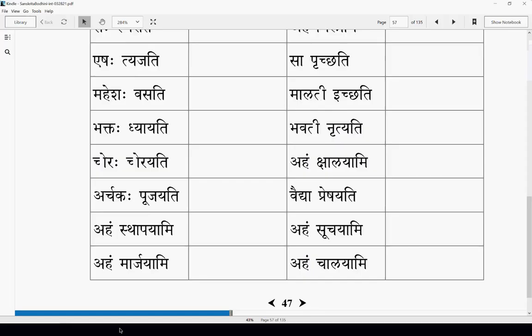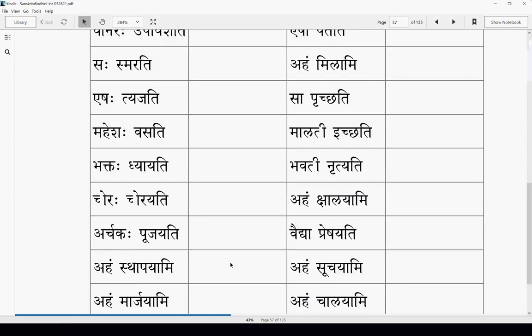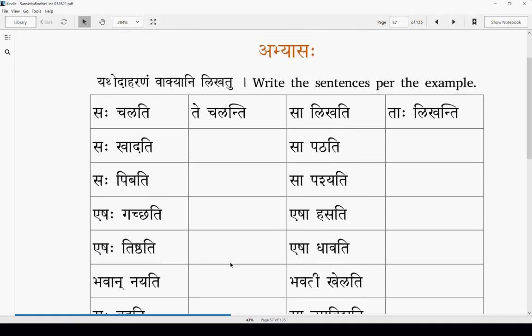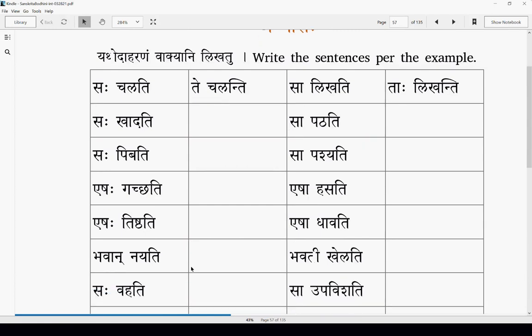So some examples, we have been looking at them. So you did the homework here of converting the vachanam, ekavachanam to bahuvachanam, sa chalati, te chalanti, etc. Okay, so I guess there is no question here. So this is simple.